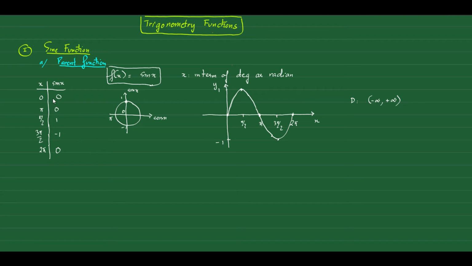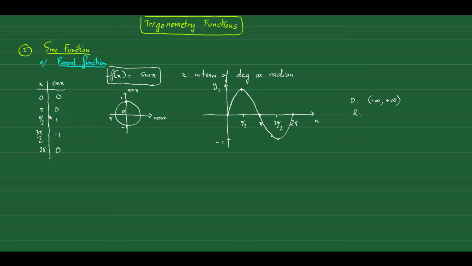So the table I gave you here is just for 1 revolution, and if I keep evaluating the sine at some special angle, like I keep going forever, then the sine function is going to go all the way to the left and all the way to the right. And that's why the domain will be negative infinity to positive infinity. How about the range? The range is not changing.